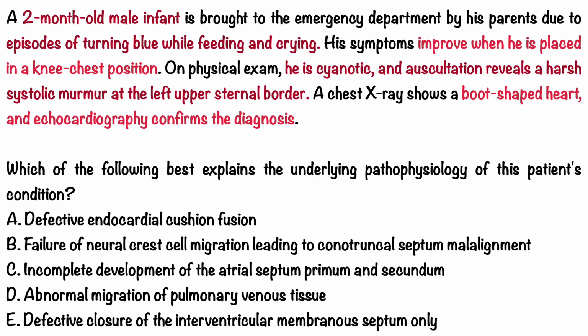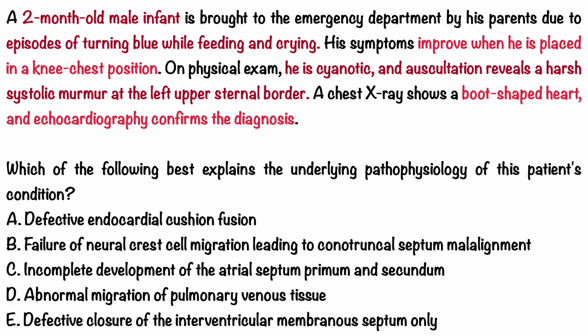So which of the following best explains the underlying pathophysiology of this patient's condition? All of these findings are very significant and very similar to tetralogy of Fallot. So we have to understand what is the underlying pathophysiology.